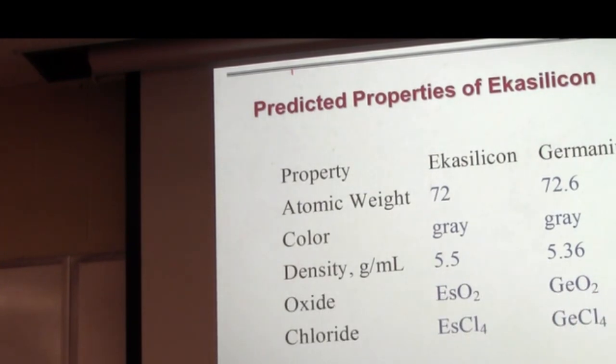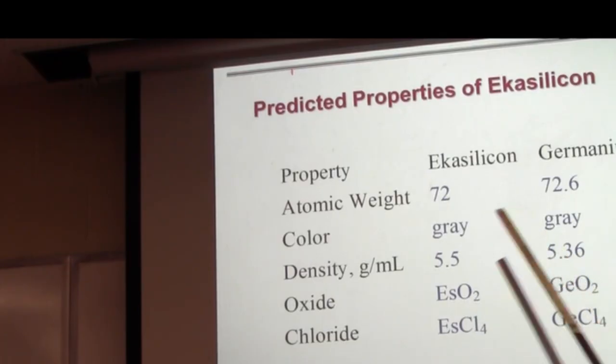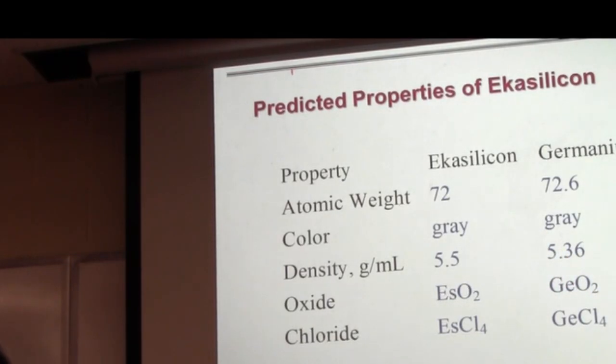Now this was a triumph of the periodic table because now you can predict missing things, right? The current values are given here. They're pretty close, all right? Without even knowing the element. So he predicted. That was very successful.